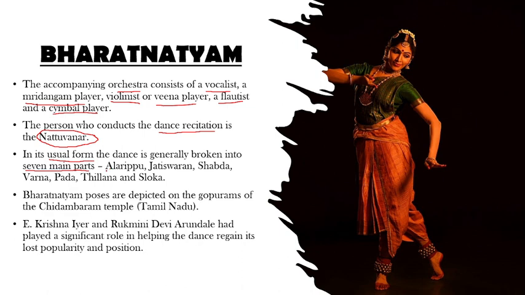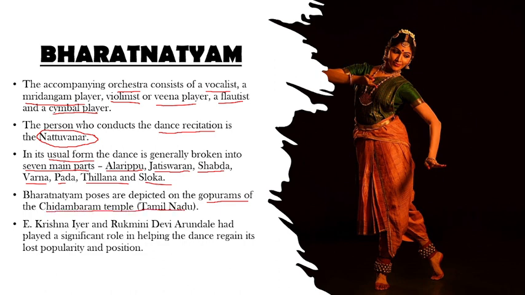The beginning is done by Alaripu, which is followed by Jatiswaram, then the Shabdam and Varnam, Padam, Tillana and Shloka. The Bharatanatyam poses are depicted on the gopurams of the Chidambaram temple of Tamil Nadu.